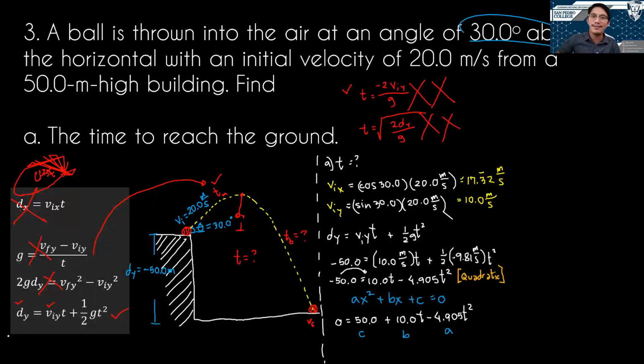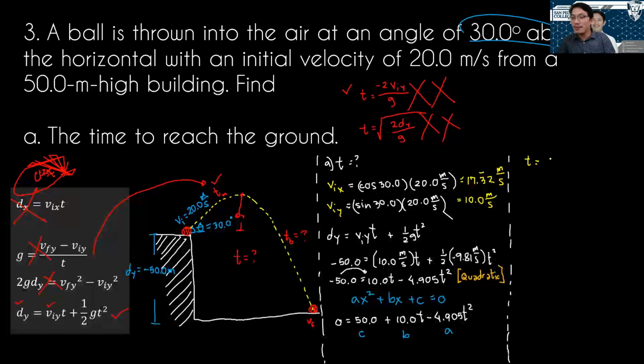Okay na. So how are we going to solve for time if we have a quadratic equation? Paano natin i-solve yung time? We are going to use the what? Quadratic formula.